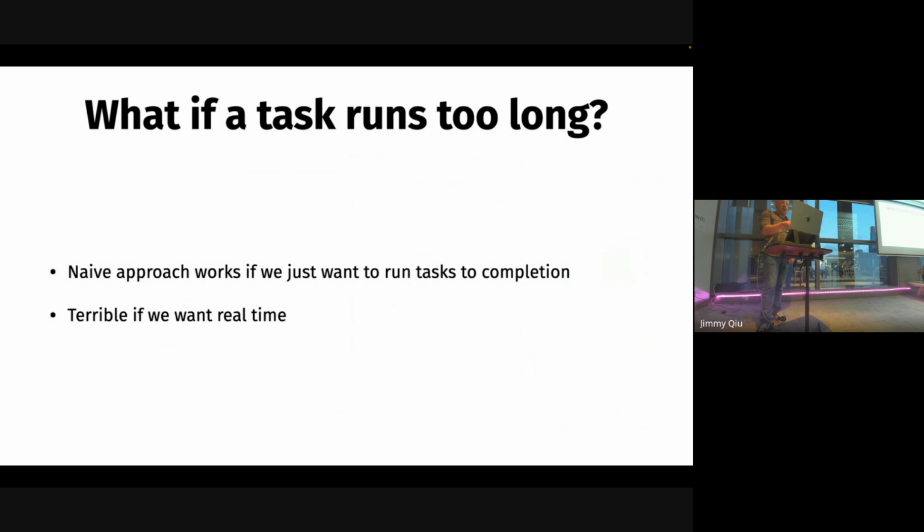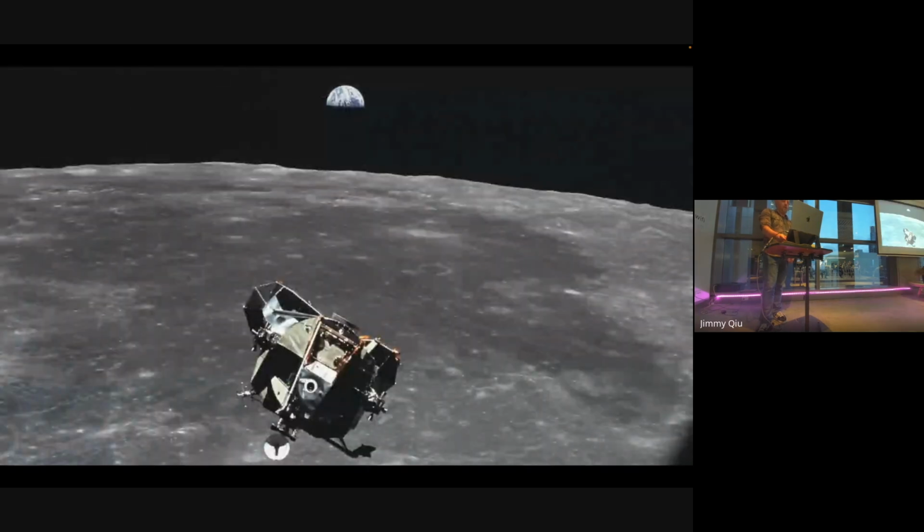One of the first times this came up was because computers way back in the day worked that way. You'd have a big job, run it to completion, and the next thing runs, and so on. If you go to the moon, you actually do need to be able to do things vaguely in real time.